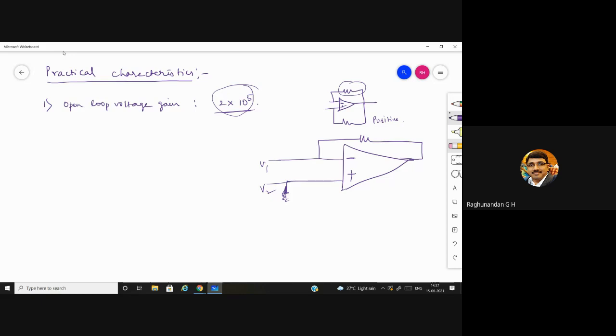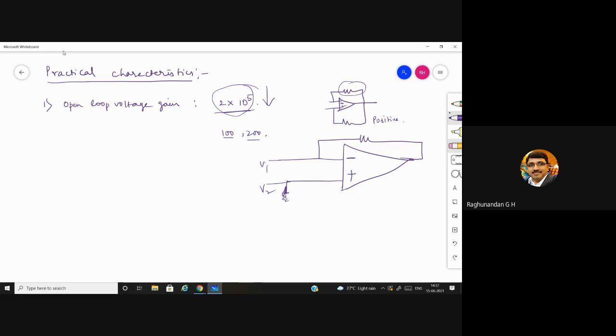So this is the open loop gain. But by using the feedback resistance, we are going to keep on reducing this to our required level. So finally, we'll come to 100, 200. So you can just imagine where is 2 into 10 to the power of 5 and where is 100, 200. Because our system requirement, device requirement is only that much. 100, 200, maximum 500 times the input.